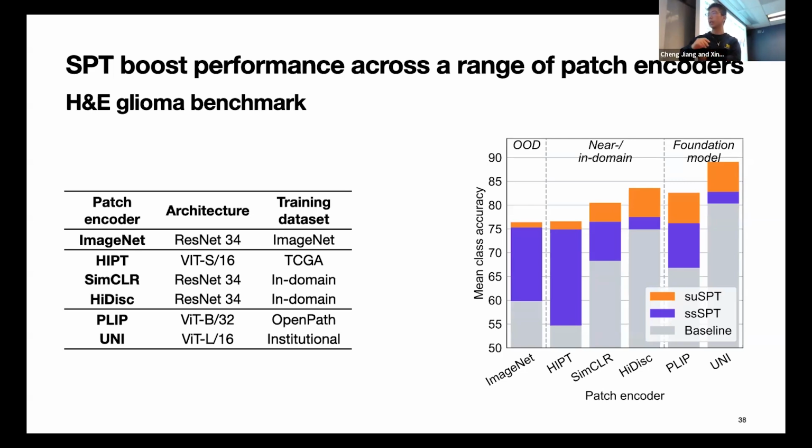Most recently, most of the patch encoders are the very heavy part to train. For image, we don't talk about ImageNet because it's already off the shelf. But HIPT, SimCLR and HIPT, if you want to train in-house, currently we are using two L40 GPUs, which have around 48 GB of GPU memory, and we train for 2 days at least.